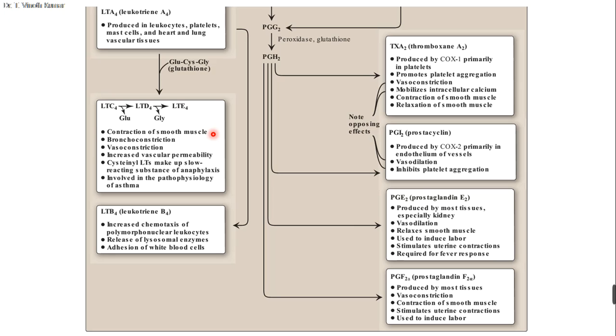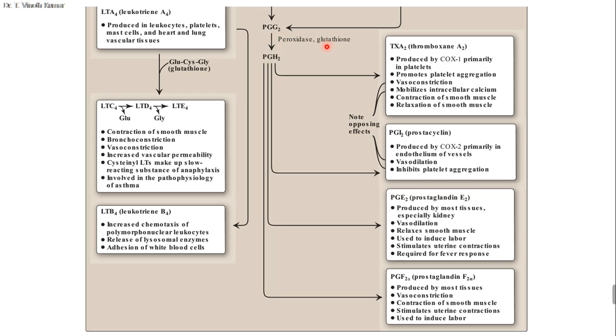It causes increased chemotaxis of the polymorphonuclear leukocytes, release of lysosomal enzymes, and adhesion of white blood cells. So that will be there with leukotriene B4. So in the category of leukotrienes, there are 1, 2, 3, 4, 5 different types, and major types are these two.